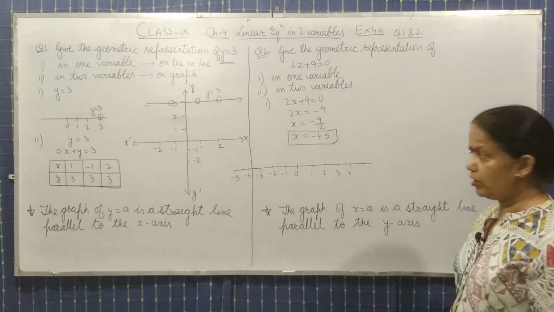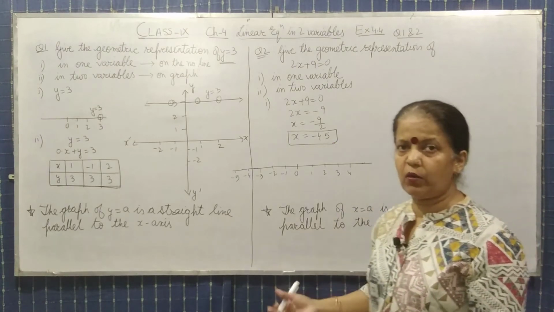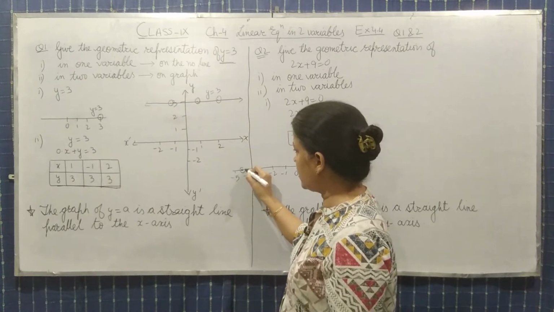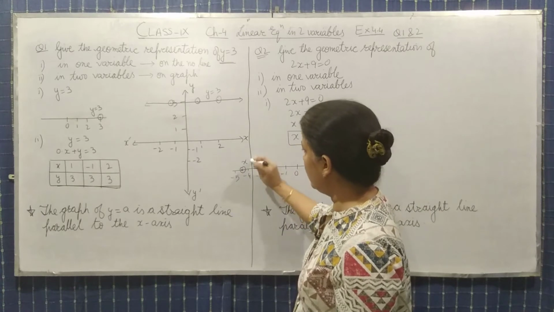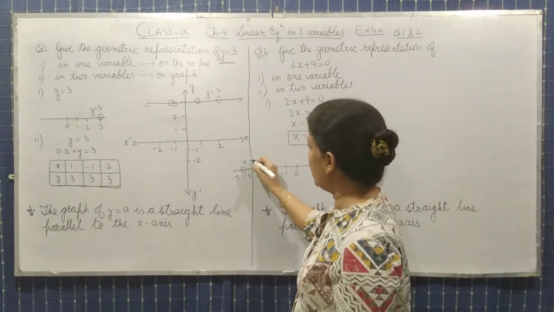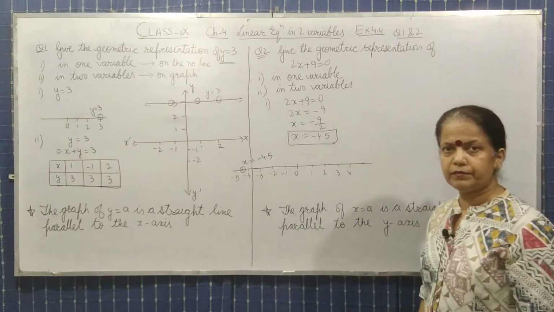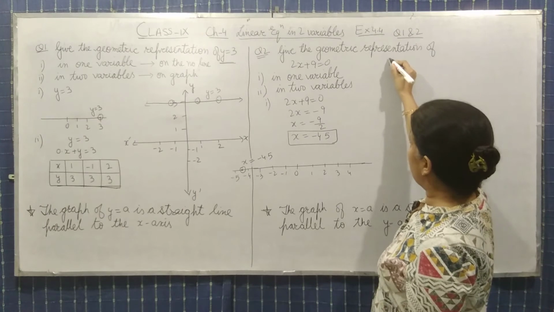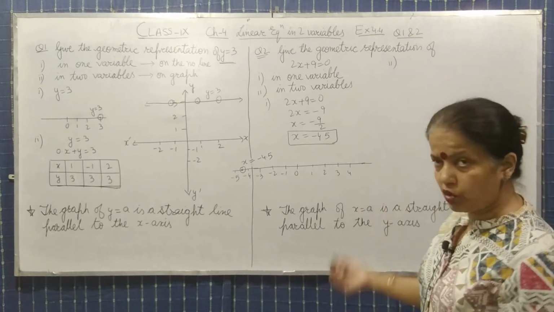Now x equal minus 4.5, where will it occur? It will come over here. This is the point x equal minus 4.5. Clear?